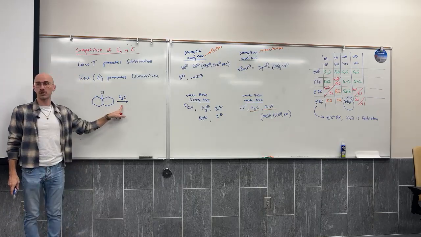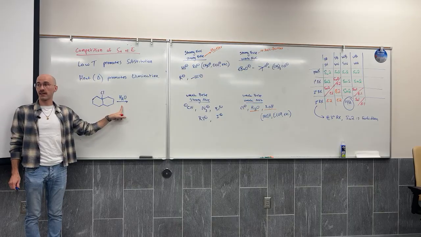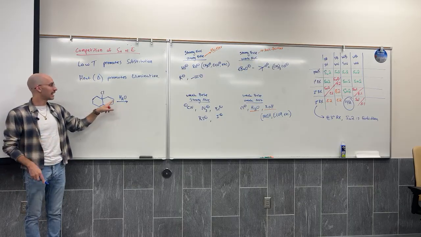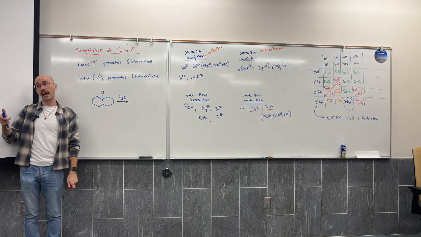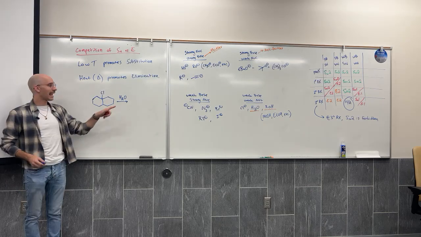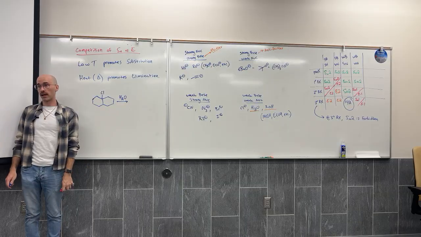And how is temperature controlled? It's not specified. So we should expect two different products. We should anticipate that this will both eliminate the alkyl halide by a carbocation intermediate, and that it will substitute the alkyl halide by a carbocation intermediate.